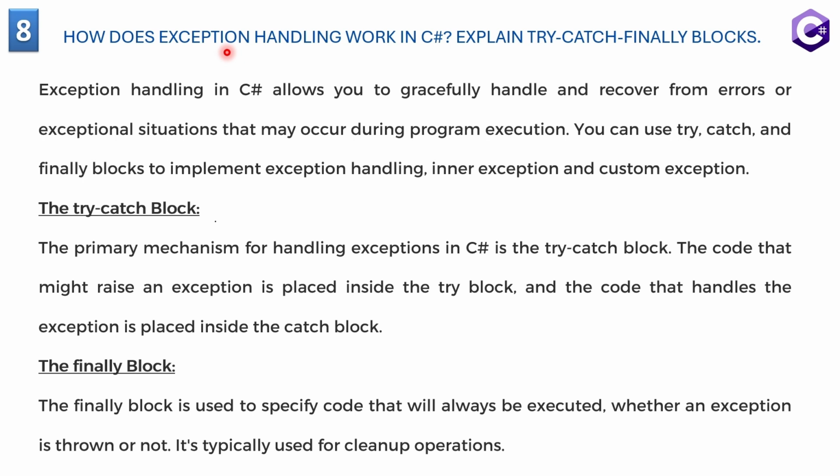The primary mechanism for handling exceptions in C# is the try-catch block. The code that might raise an exception is placed inside the try block, and the code that handles the exception is placed inside the catch block. Another thing is the finally block. The finally block is used to specify code that will always be executed whether an exception is thrown or not. It's typically used for cleanup operations.